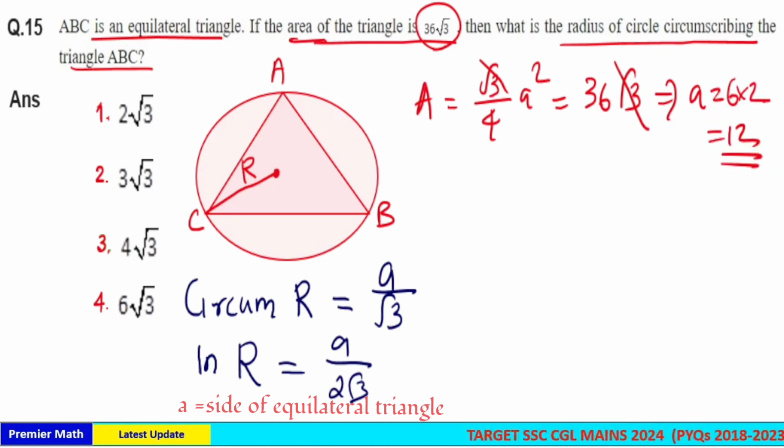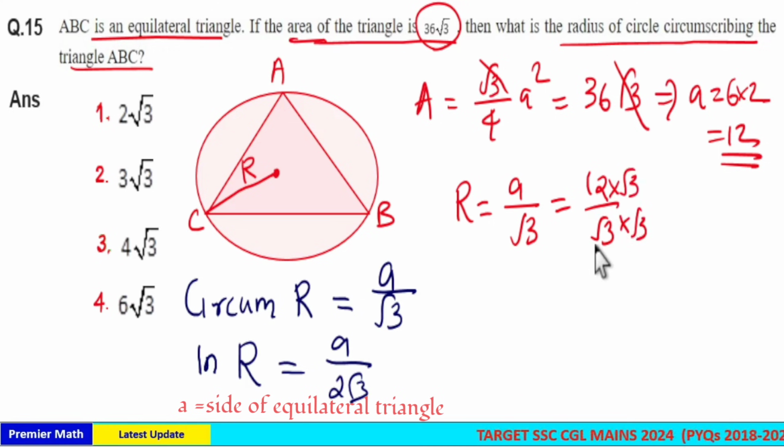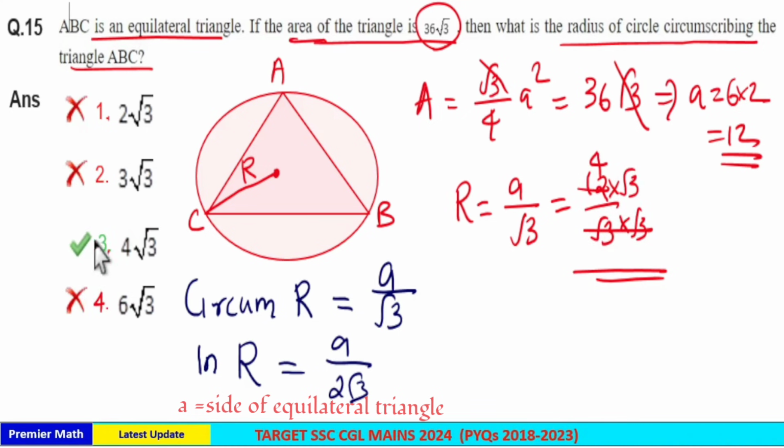A is equal to 12. If A is equal to 12, then circumradius is equal to A by √3, which is 12 by √3. So multiply √3 in numerator and denominator. 3 goes 4 times in 12. So 4√3. Option 3 is your answer. Circumradius is 4√3.